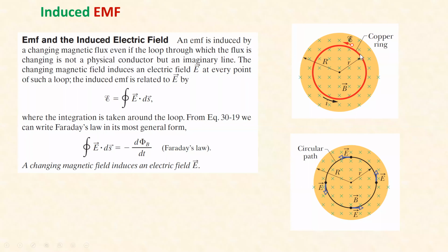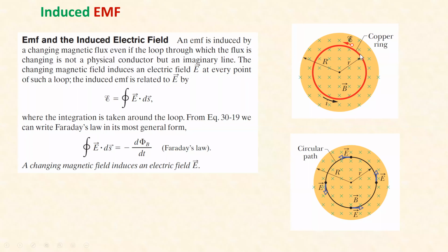So this is one way to look at this phenomenon. Another way to look at this is that you can consider this to be part of a circuit like this. You see, this is the same rod, but it is on a rail that is connected like that, and that part is stationary.